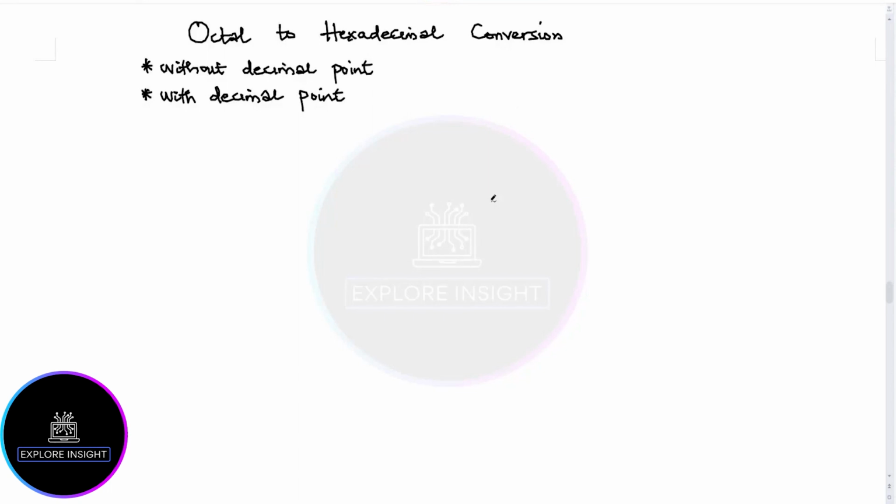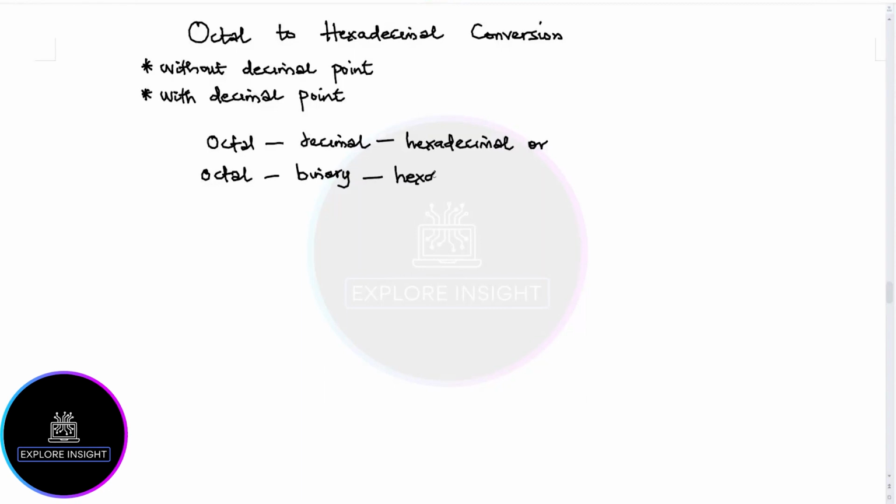Talking about octal to hexadecimal conversion, we really need a mediator. Now, what do I mean by mediator? It means we have to convert octal to decimal before achieving the hexadecimal, or we convert octal to binary before achieving the hexadecimal value.